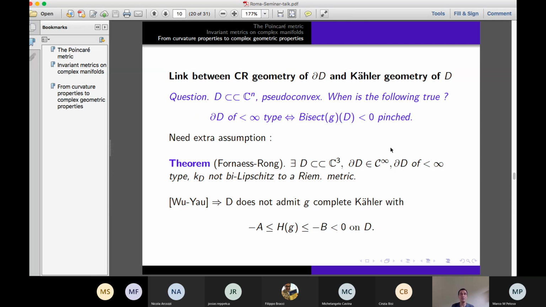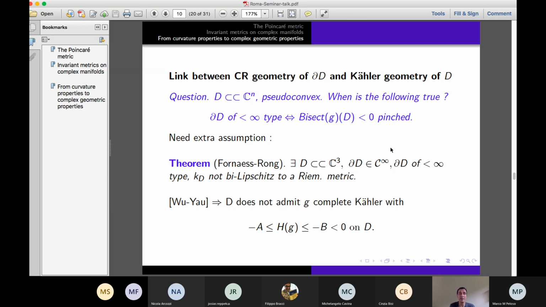And the link is due to a theorem by Wu and Yau, a recent theorem. And they prove that if your domain had a complete Kähler metric such that the holomorphic sectional curvature were negatively pinched, then the Kobayashi metric would be bi-Lipschitz, for instance, to the Bergman metric.